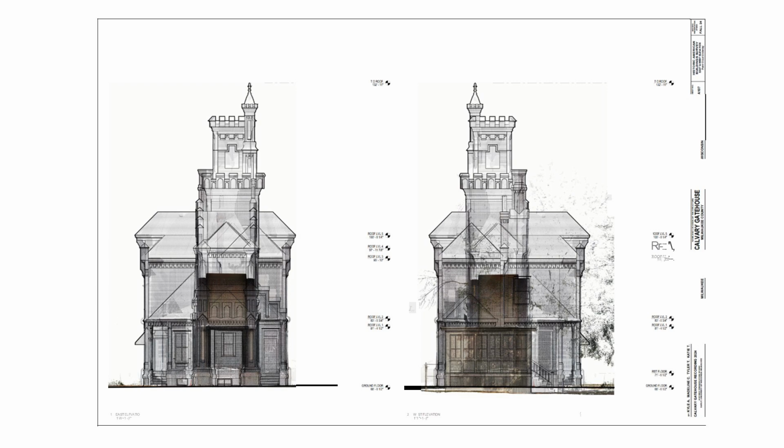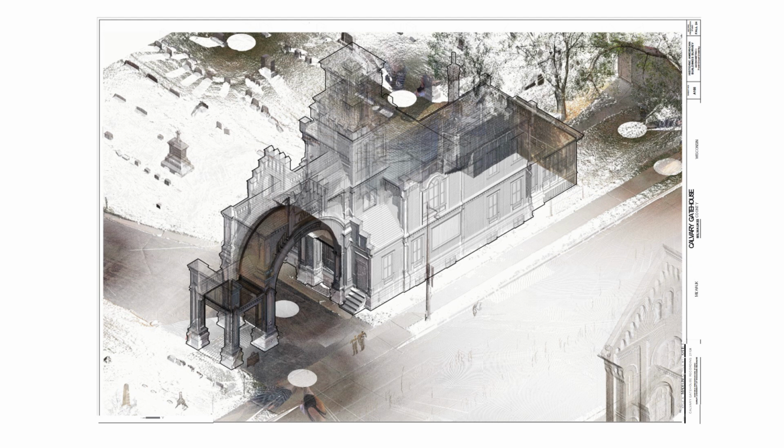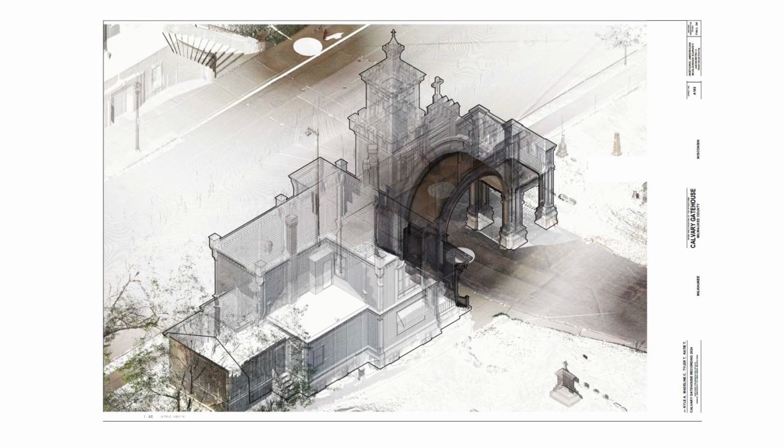So I'll just go through a few of them here. So we have the original north elevation. Here's our east and west elevation. And then I really like these axons because they just show how the entire building is lined up with the point cloud and how much we tried to make this as accurate to what is actually there as possible.